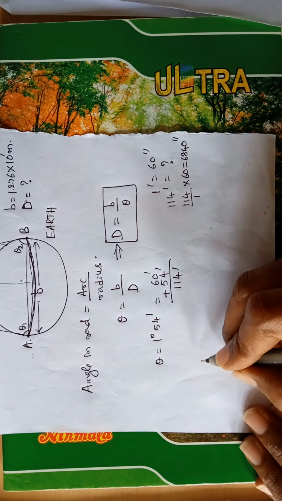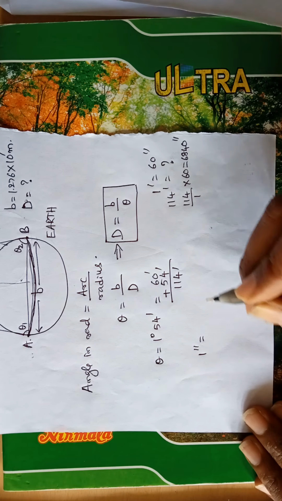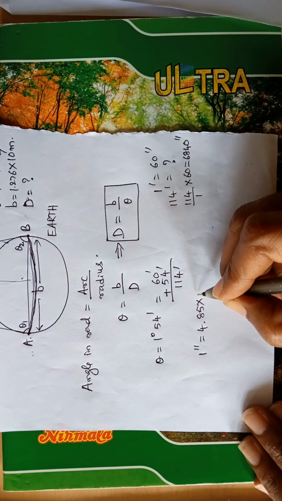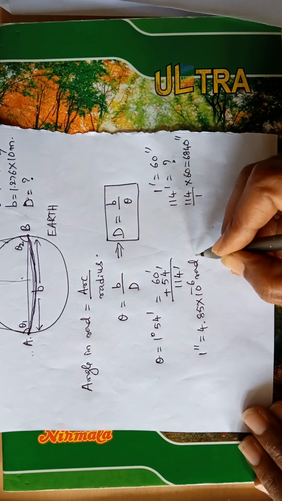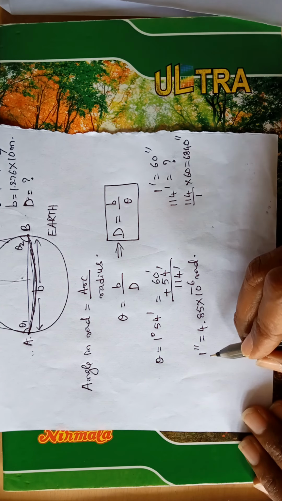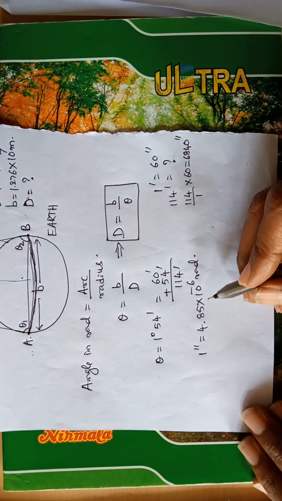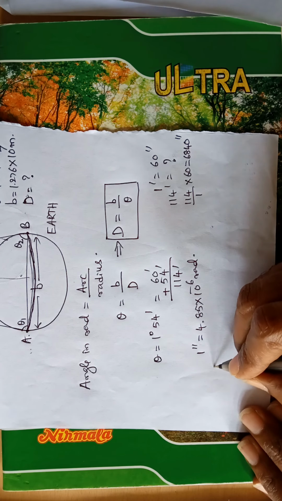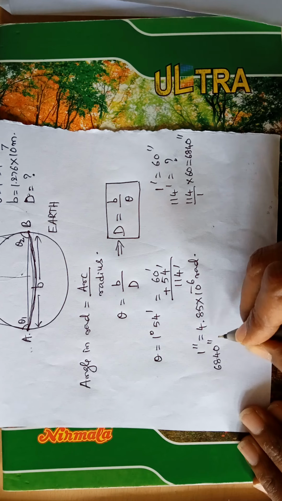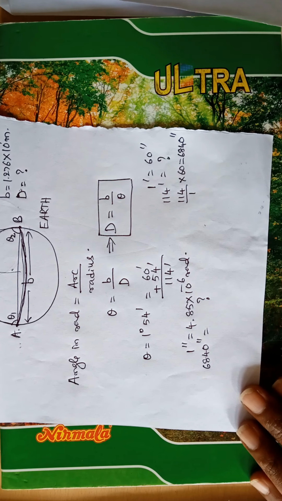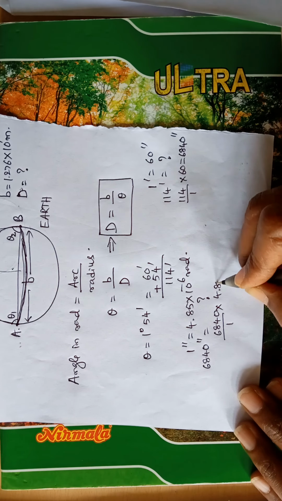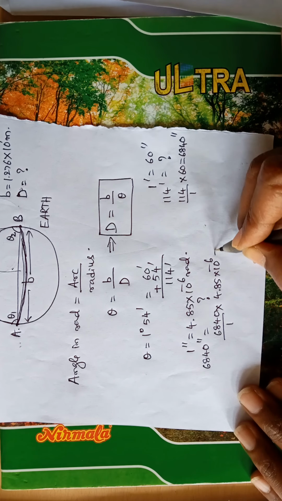But we know that 1 second is equal to 4.85 into 10 power minus 6 radian. This you can memorize. 1 second is equal to 4.85 into 10 power minus 6 radians. So here how much do you have? 6840 seconds is equal to how many radians? 6840 into 4.85 into 10 power minus 6.